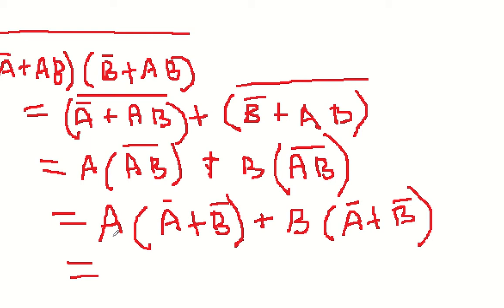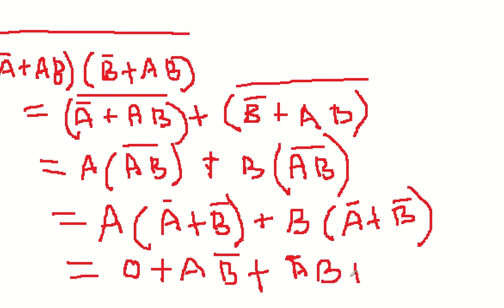So now if you do A dot A bar, I hope all of you remember the rules of Boolean algebra. A dot A bar becomes 0, plus next you will have A B bar, isn't it? Just taking the bracket off, plus you have A bar B, you can get easily, and next B dot B bar will become 0.